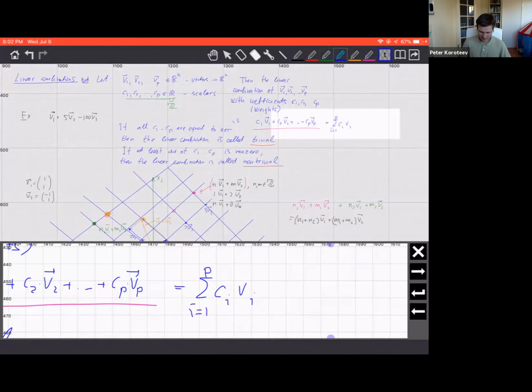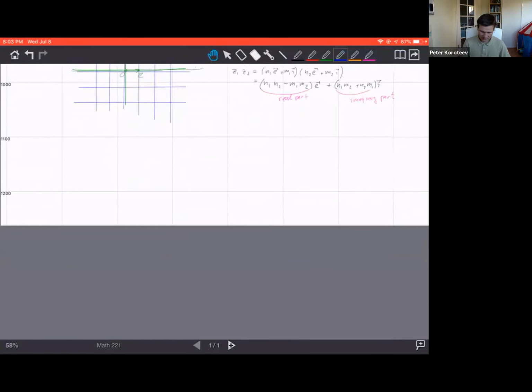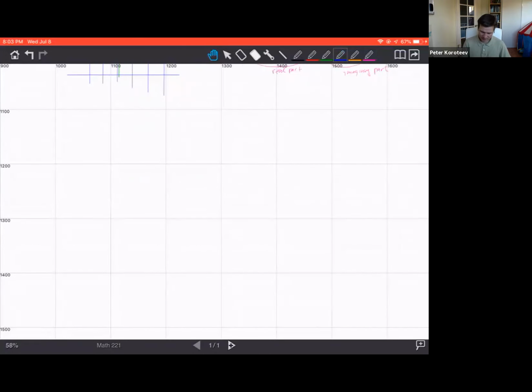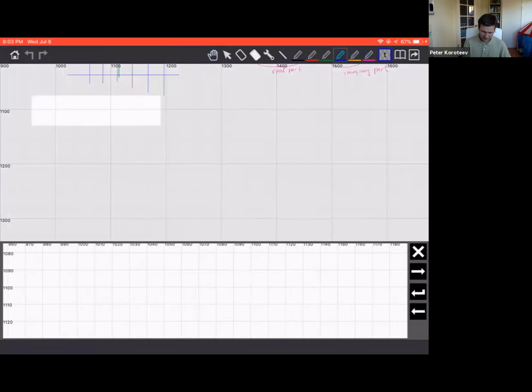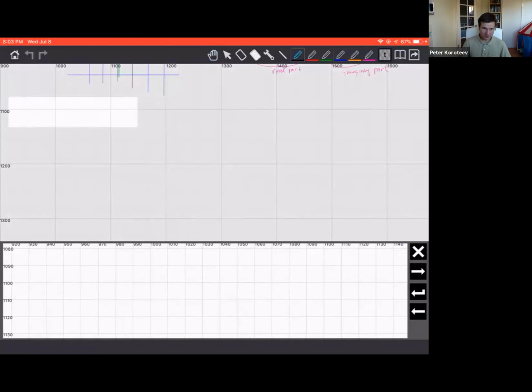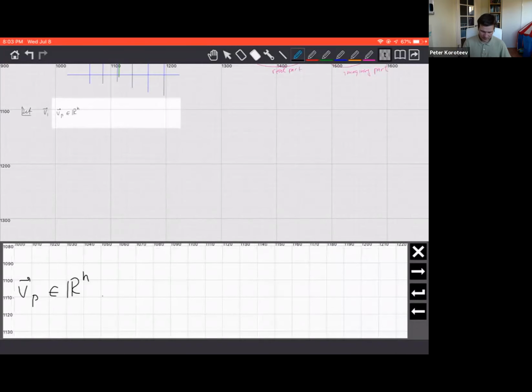Then we had these examples last time with integer coefficients, which gave us some lattice of numbers. So now let's give a definition. Again, let's take these vectors v1 through vp in Rn, and consider the set of all possible linear combinations of these vectors.